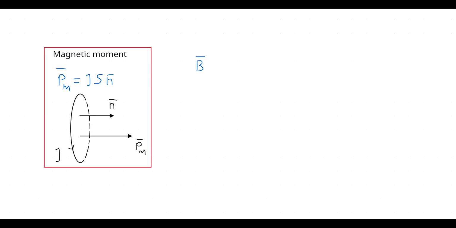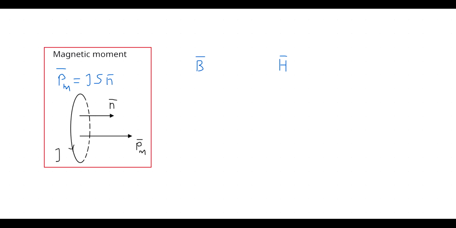And magnetic field intensity is H vector, and units for H vector are amperes divided by meters. These are units for magnetic field intensity.